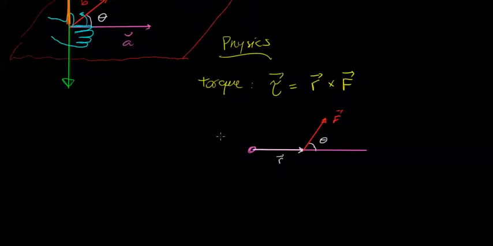I'm representing this in 2 dimensions. And where is vector torque? So we have r and force here, just representing the same point here. So I put my index finger here and I'm looking from above.